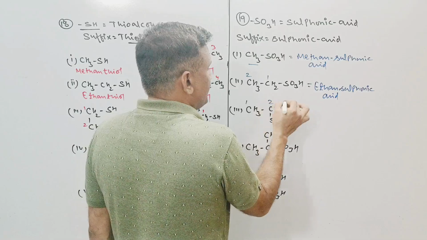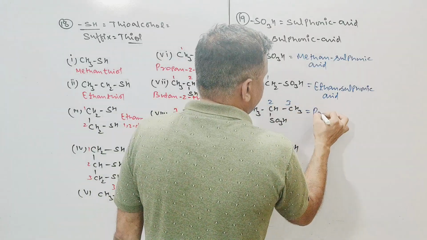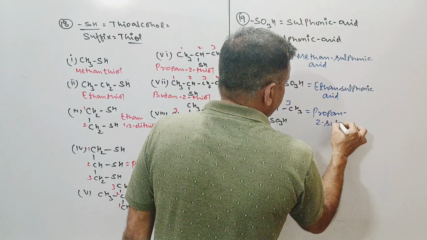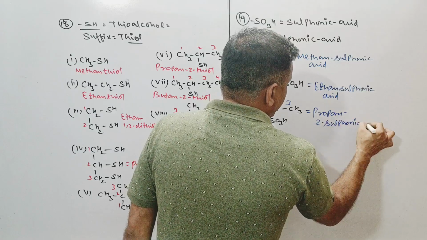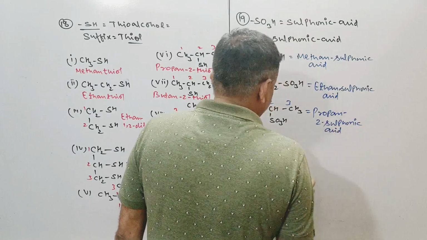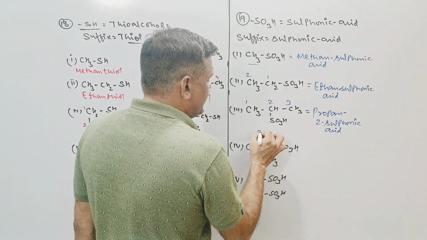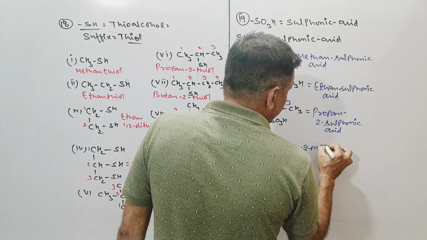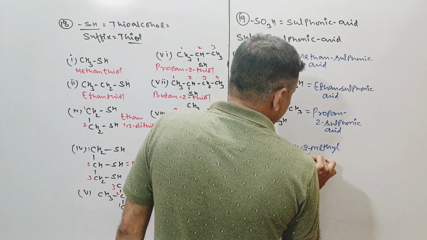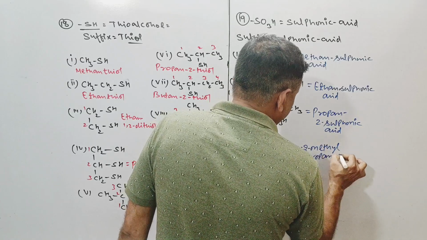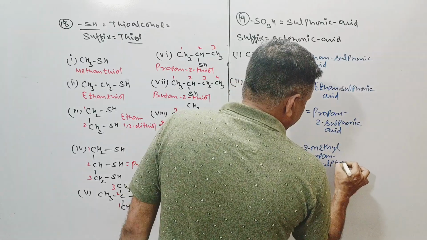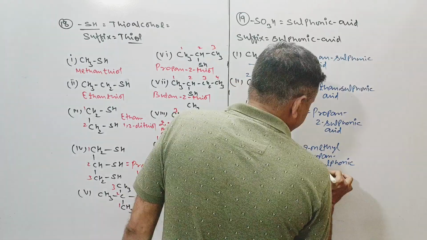Here's the 3 carbon chain, so it will be propane 2-sulphonic acid. Here is 1, 2, 3, number 2 methyl, 2-methyl propane 2-sulphonic acid.